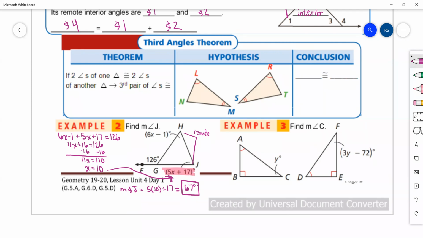Okay, now let's go back up and catch this third angles theorem. What the third angles theorem says is that if two angles are congruent, then the third one has to be congruent too.